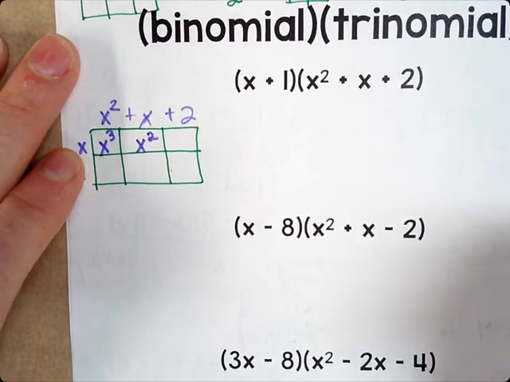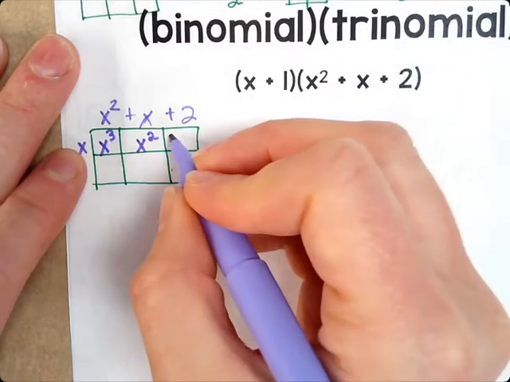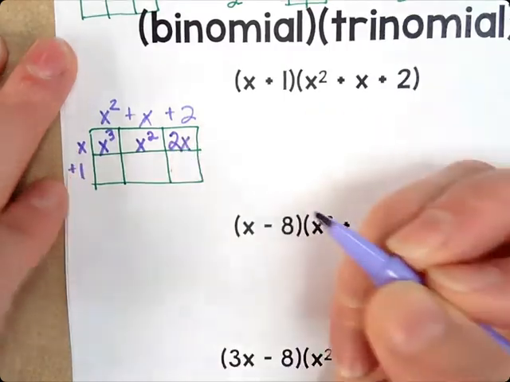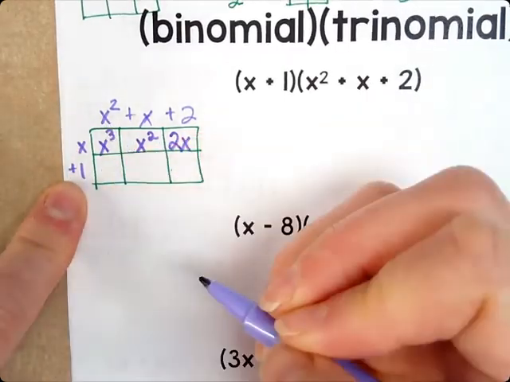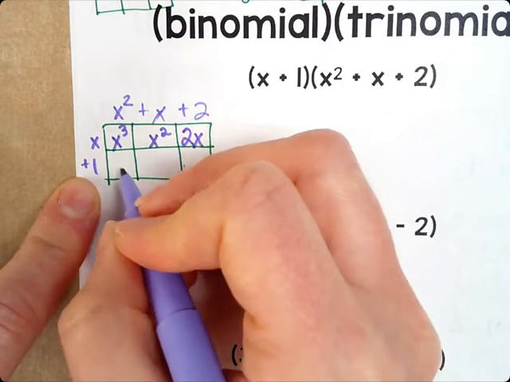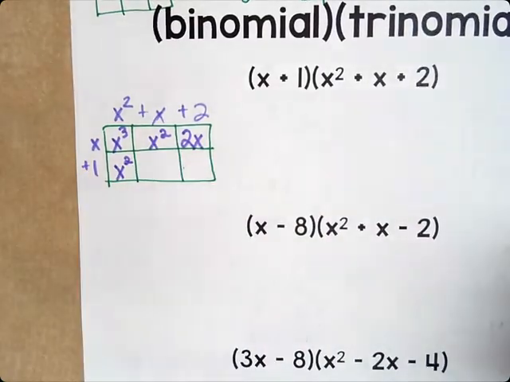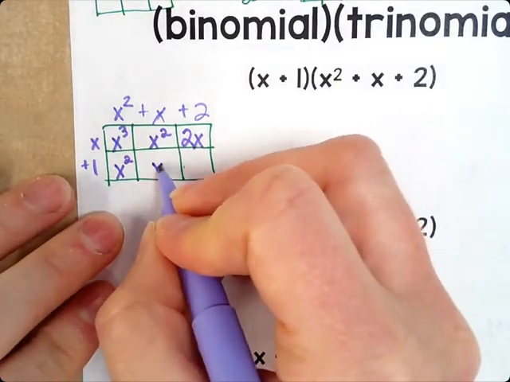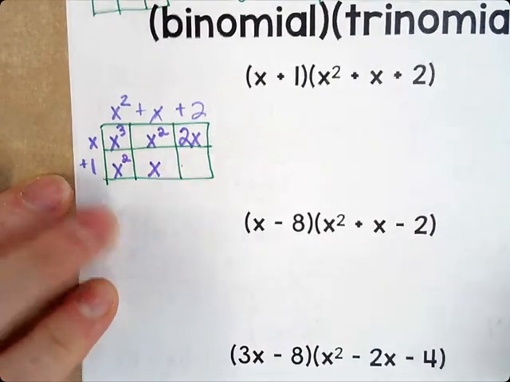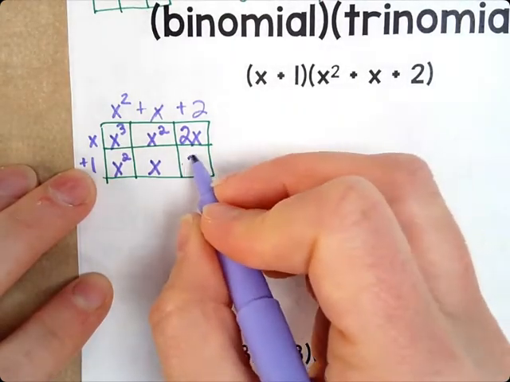Coefficient doesn't change. And then x times 2, 2x. And then 1 times x squared, 1x squared, or just x squared. And then 1 times x, 1x, or just x. And then 1 times 2 is 2.